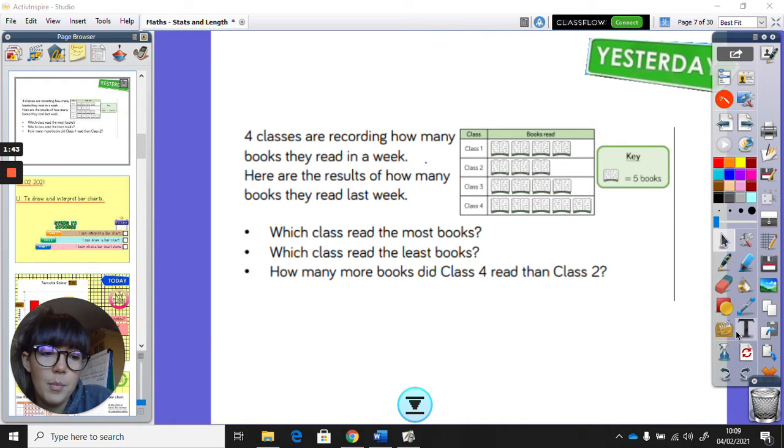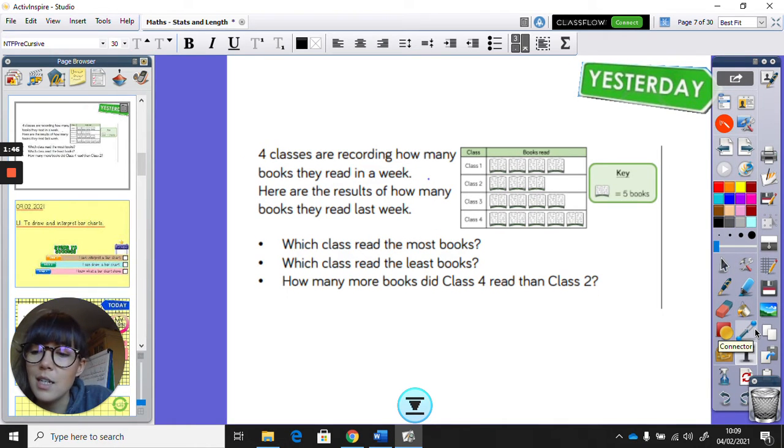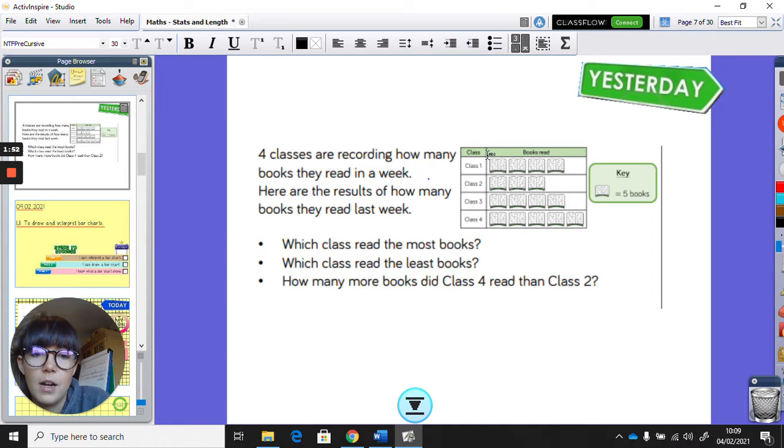So let's count up how many books each class read. For class 1, we're going to count up in 5s: 5, 10, 15, 20. So overall, class 1 read 20 books. Let's see class 2 now. 5, 10, 15. They read 15 books.